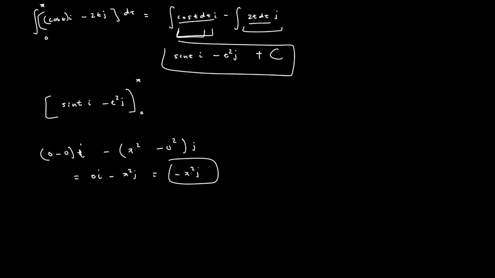So that's how we manipulate the single variable functions and then finally concatenate them together to get the vector answer. So it's really a process of vectors to components and then back to the vector, and that's how you deal with vector valued functions.